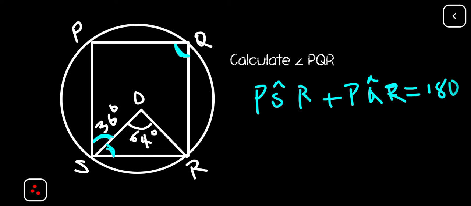Okay, so now let's see, how do we do that? Now you notice that this line here to the center is a radius. And we also know this point to the center also is a radius, forming this angle 64 degrees. So this side and this side are actually equal. So it forms the base of an isosceles triangle.